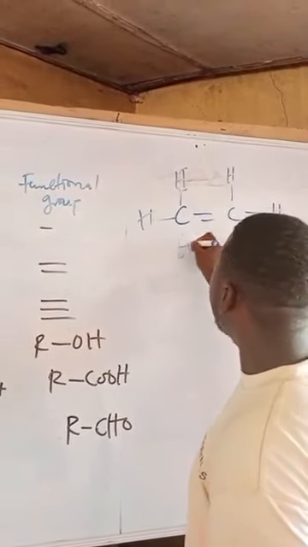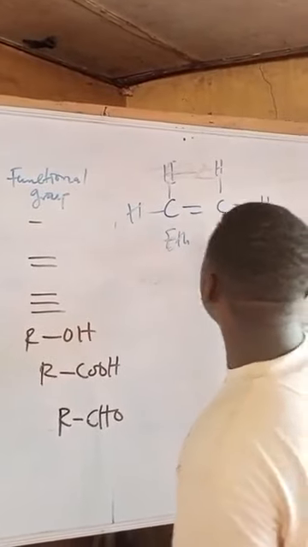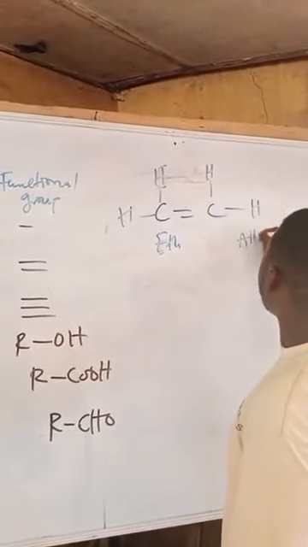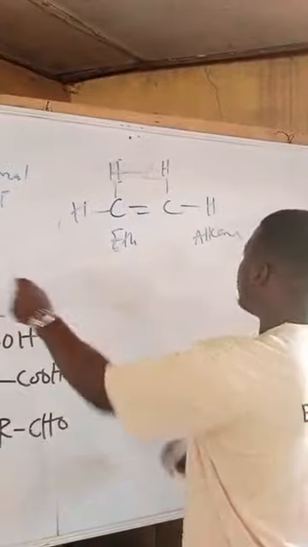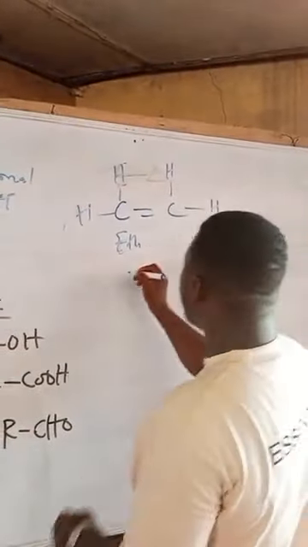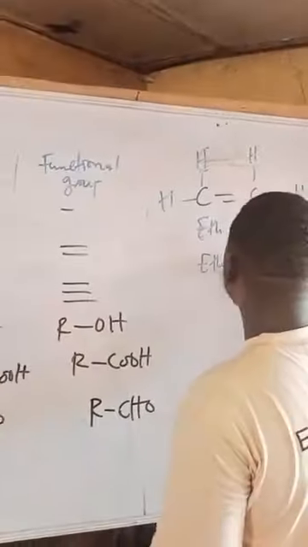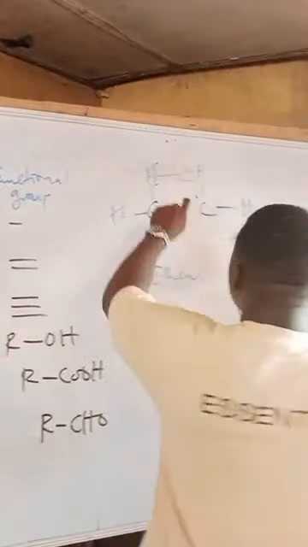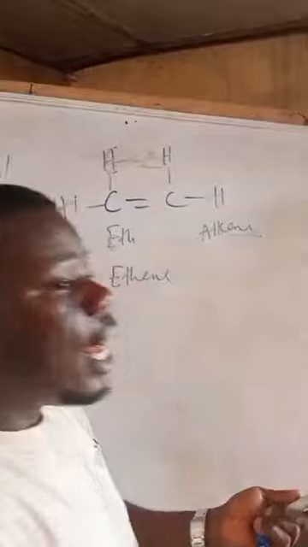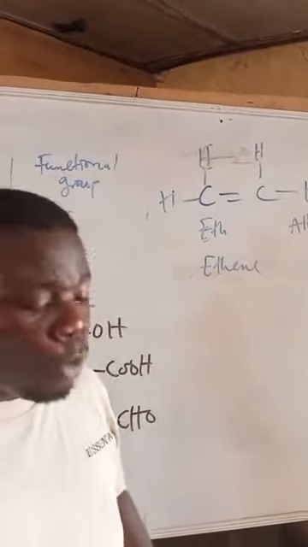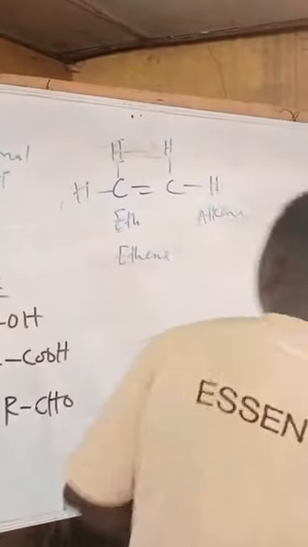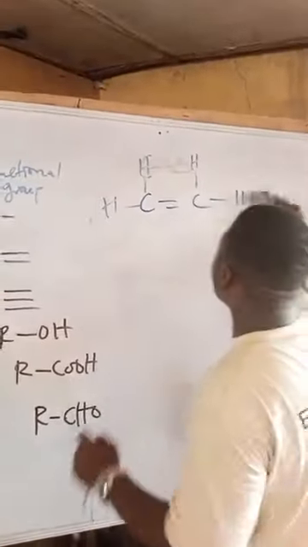It is known as eth. So what is the functional group? It is an alkene, because alkene has a double bond. So add the ending to it. So this is ethene, and alkene decolorizes bromine water. Okay. Now, what if we have something like this?